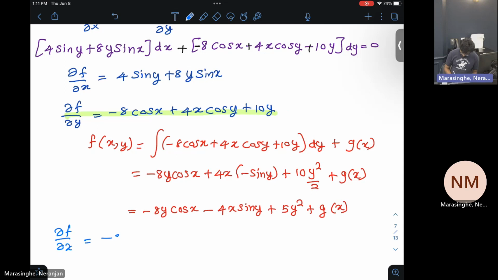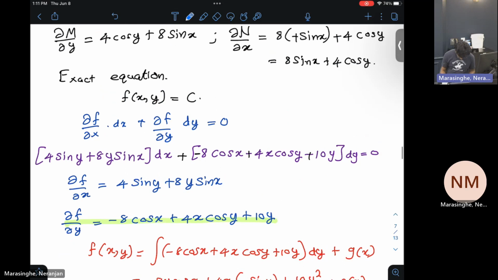That is negative 8y, and the partial derivative of cosine x is negative sin x. That's a partial derivative.